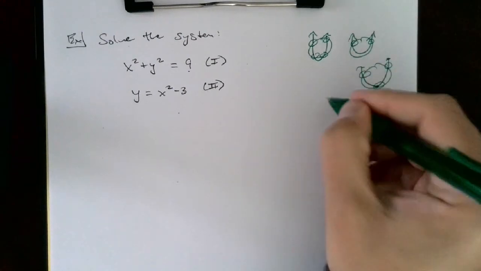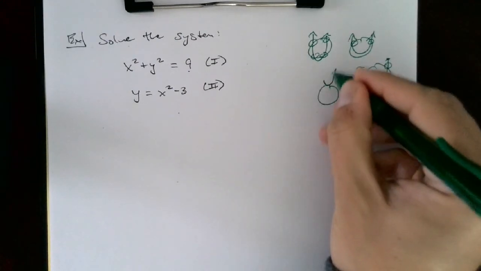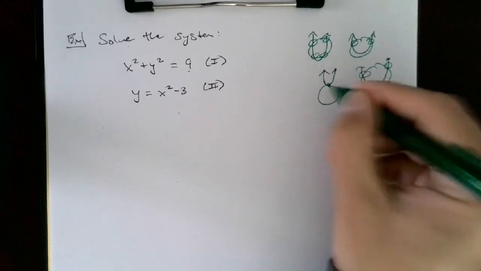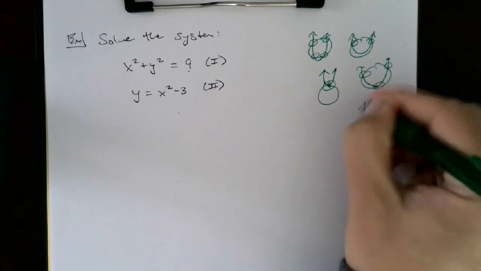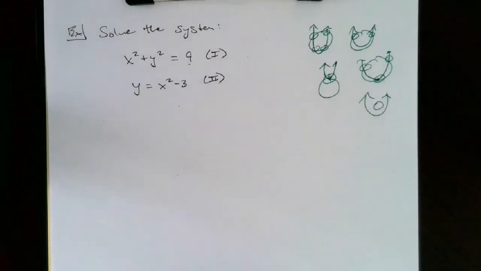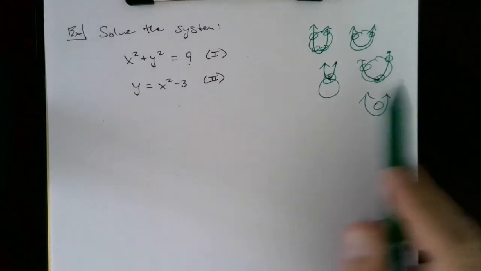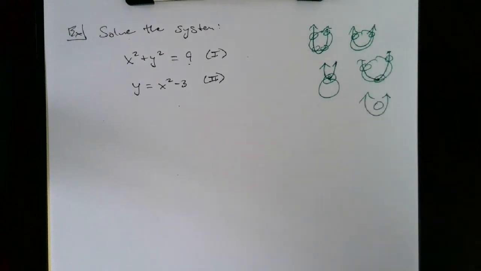It could just be on one part of the circle, intersecting once, or you could have no solution, right? The parabola could be completely around the circle. The point being is that you could have either 0, 1, 2, 3, or 4 solutions. So you can't really know from the beginning. You might be able to tell a little bit, but you really wouldn't know for sure.